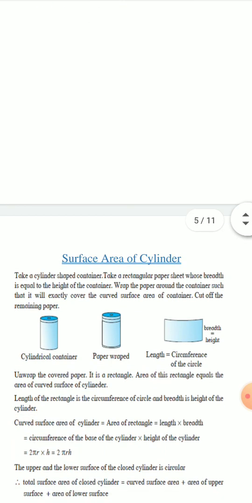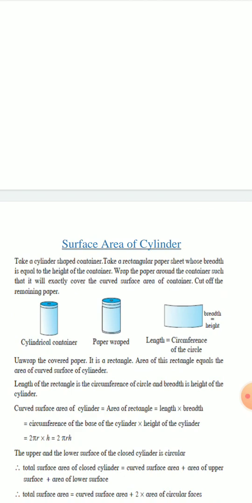So this is all about curved surface area. This first part is the formula for curved surface area. In order to calculate the total surface area, what do I have to consider?